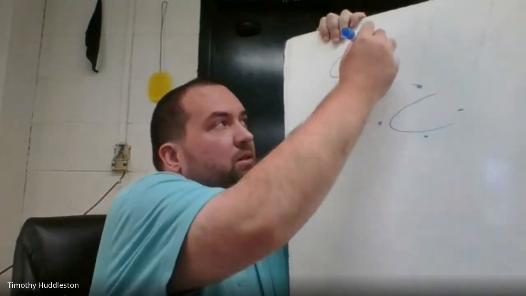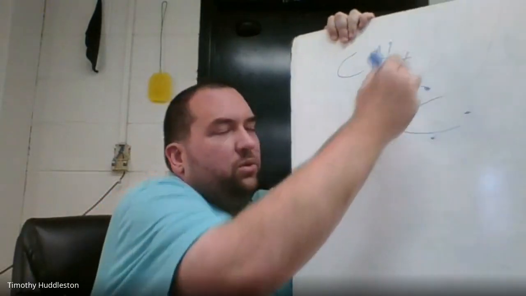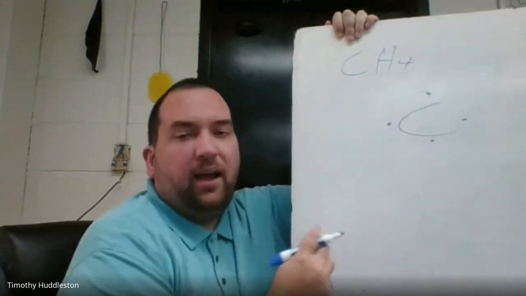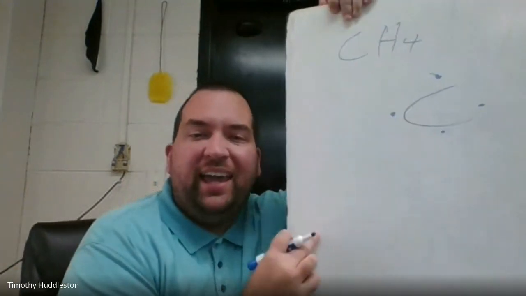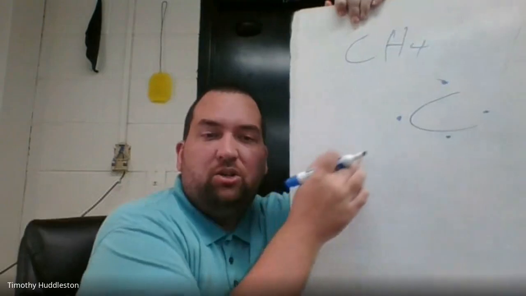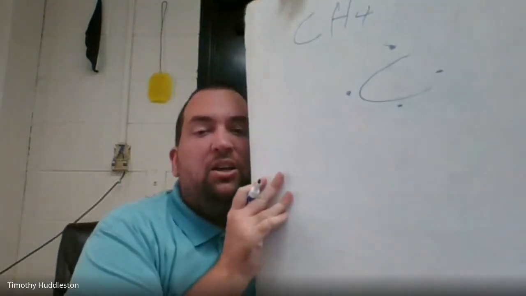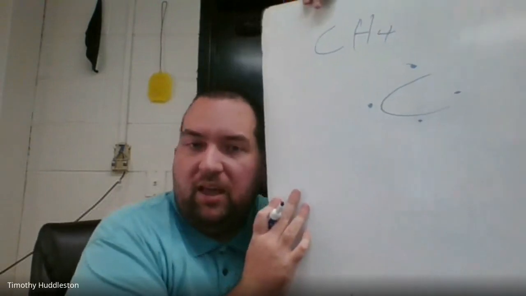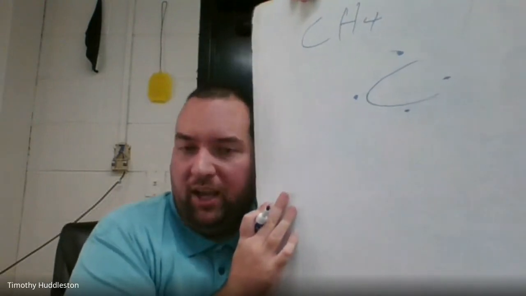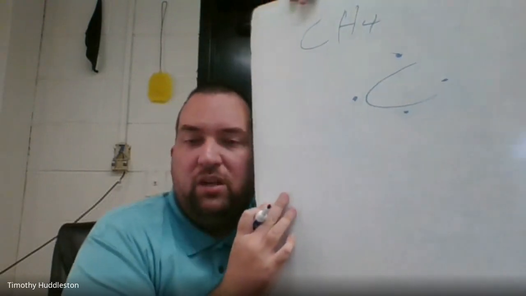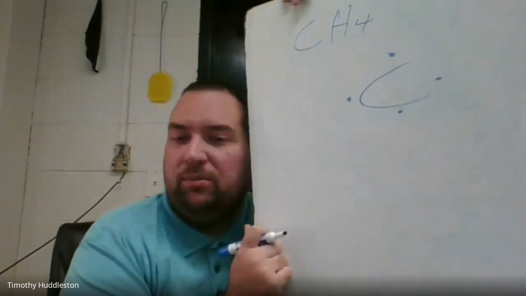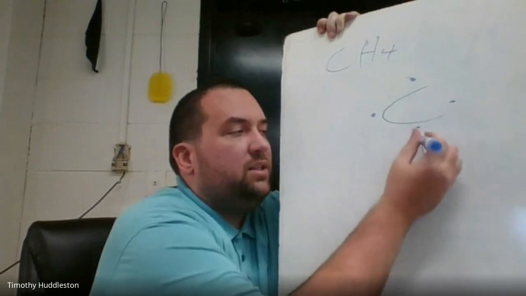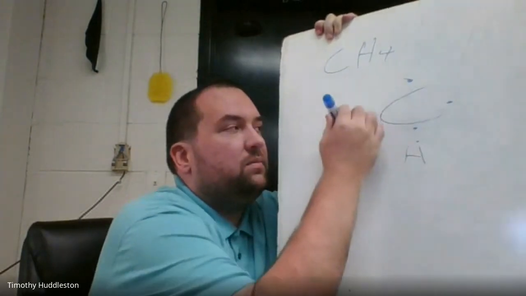In CH4, this is a pretty simple one, that means H is bonded to C. Do know that H's will never be involved in a double bond. They will never be bonded to more than one atom. They are only involved in one single bond all the time. Now, H is in group 1, which means it has 1 valence electron.